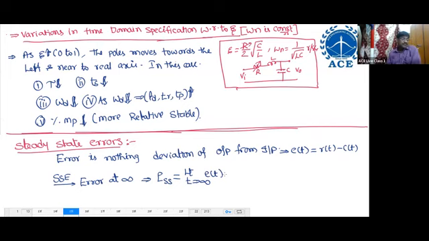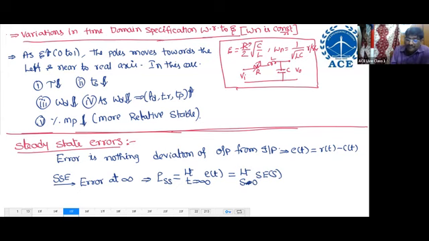Apply the final value theorem: limit s tends to 0, s into E of s.